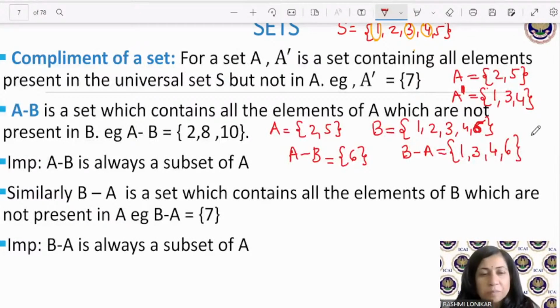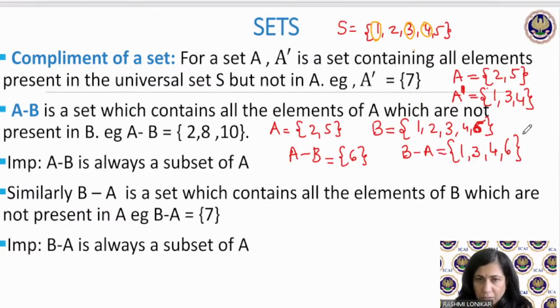So A minus B is always the elements of A which are not present in B. This is an important property which you can even get as a theory question: A minus B is always a subset of A. And B minus A is a set which contains all elements of B which are not present in A, so B minus A is always a subset of B.